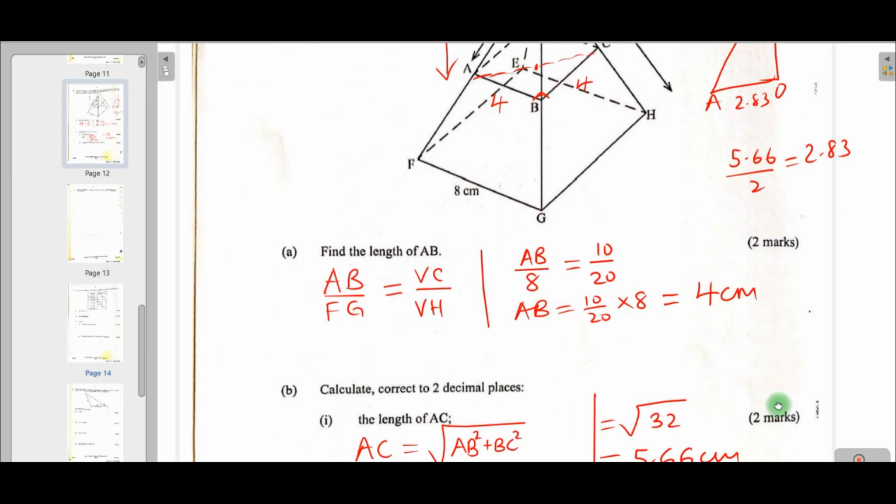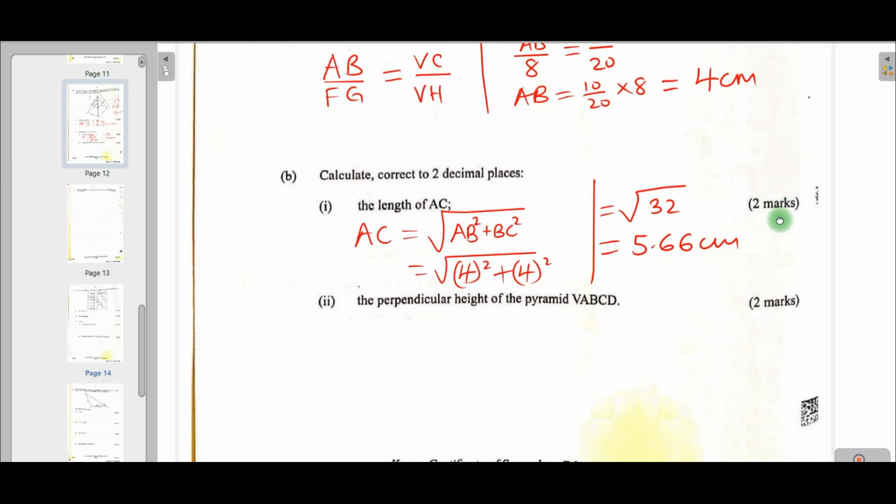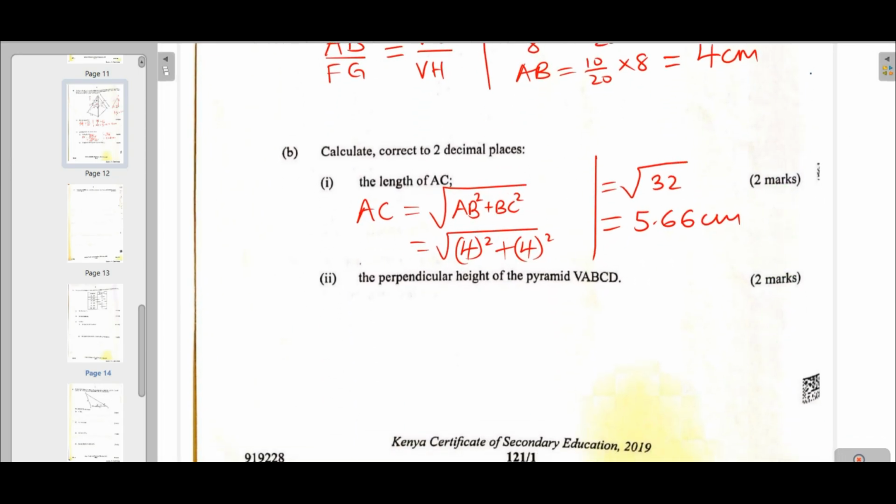So the perpendicular height squared, which is VO squared, is the slant length or the hypotenuse squared minus AO squared.